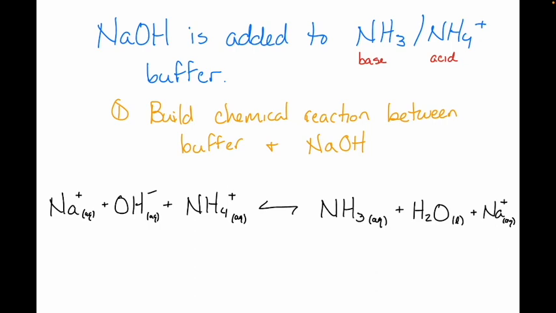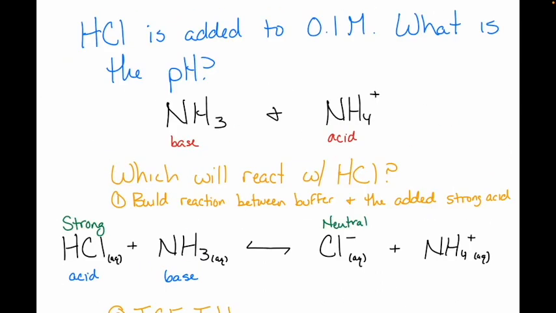And then, similar to before, because this is considered a strong base, its conjugates will be neutral, and I don't really care about how much sodium ion or water is produced. All right? But importantly, what I wanted to show was that when you add a strong base like sodium hydroxide, it's going to react with the acid component of your buffer, where if we look back at the chemical equation that we built for adding our HCl, it was reacting with the base component of the buffer, right?